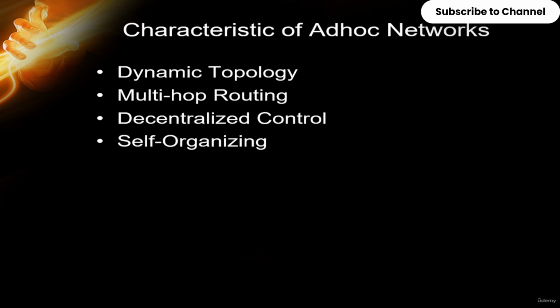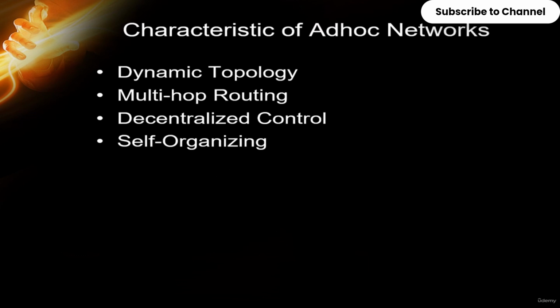Nodes within an ad hoc network can communicate directly with other nodes within their transmission range. If they want to communicate outside the range, the data is forwarded via intermediate nodes with multiple hops. This is the concept of multi-hop routing.